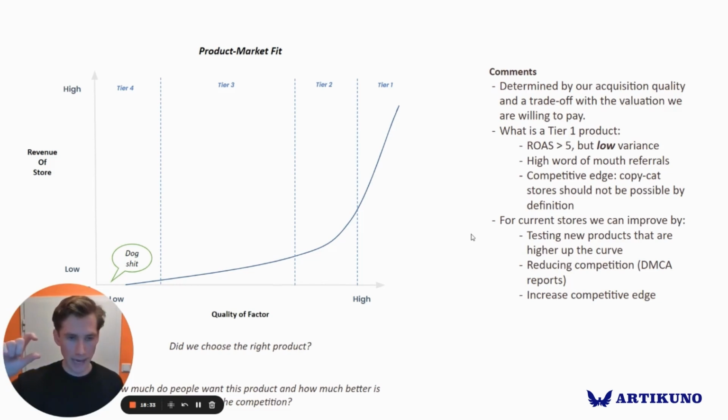You might be making abnormal profits in the beginning, but the more and more competition comes in, the narrower these abnormal profits become, until everyone essentially makes the market so saturated that only a few make a profit, and even they're really struggling because it's just so competitive, right? So try to really, again, a tier 1 product is also one where you can sustain this competitive edge over time, and it's very difficult to copy. And again, we'll go into some examples of that.